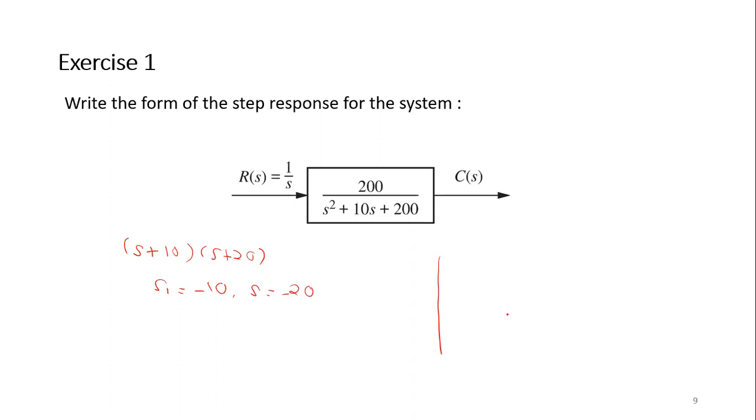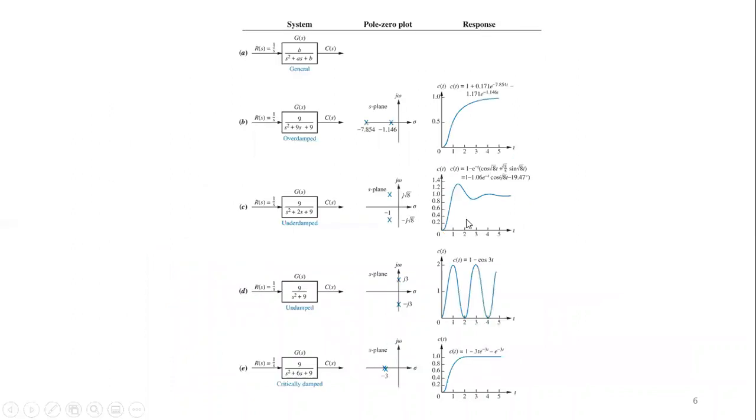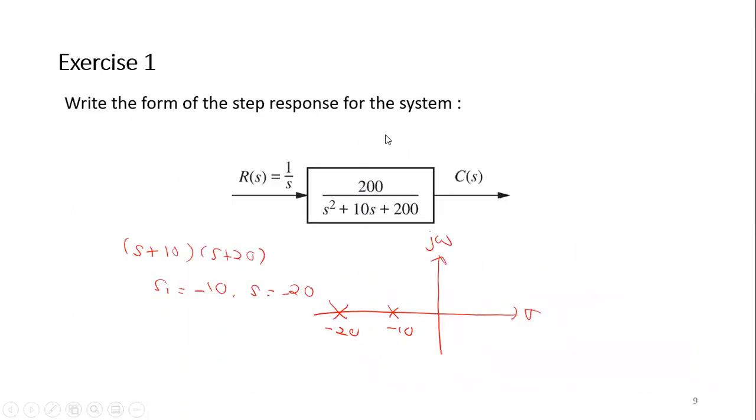At the s plane, the poles are minus 10 and minus 20. You can refer to the tables and note that this transfer function will give an overdamped response.